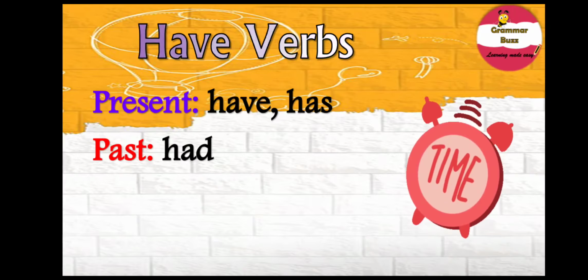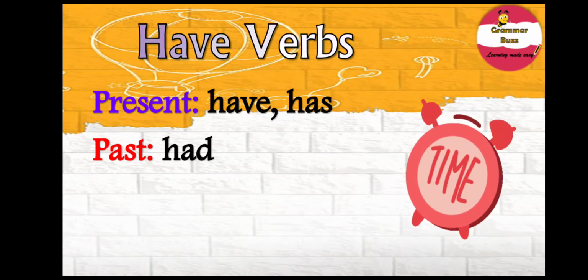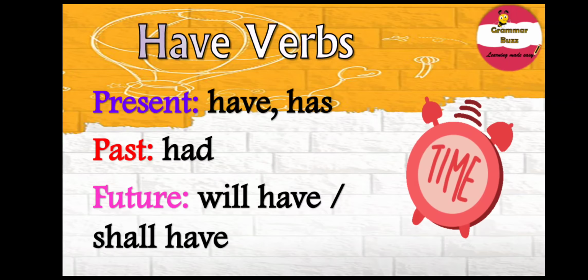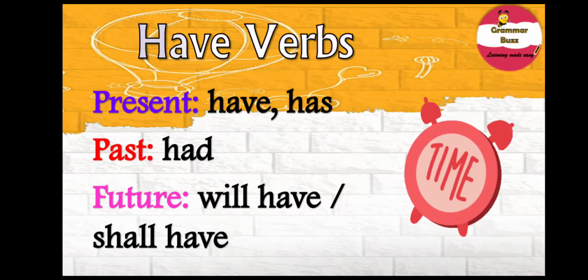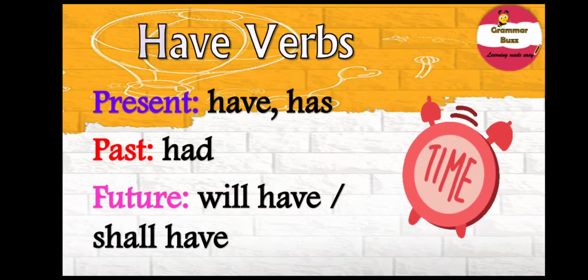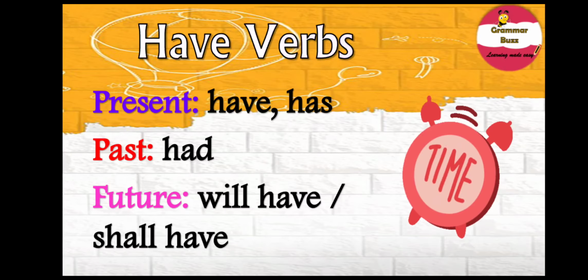Had tells us about a past time, that is, something which has already happened in the past. And when we are about to talk about the future, we use will or shall with have, when we want to talk about something that is going to happen in the future, that has not happened yet but might take place in the future.